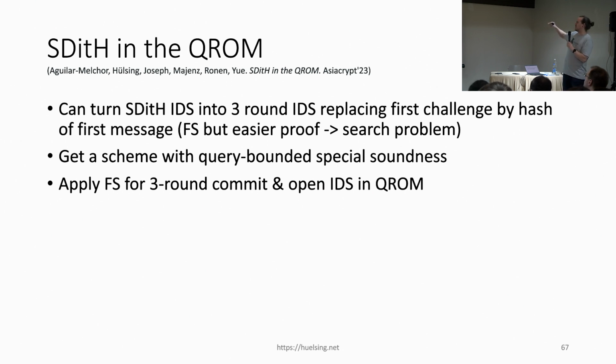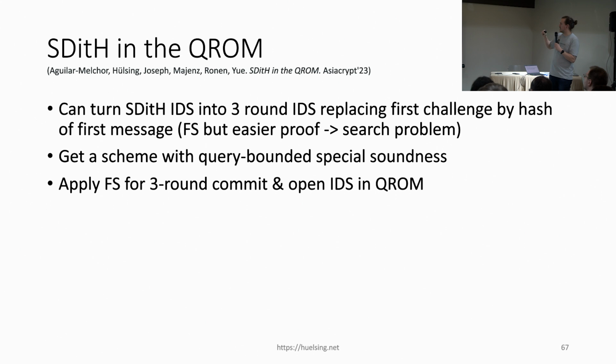Then you get some form of special soundness, which we call query-bounded special soundness, where you have to assume that your adversary doesn't have the complexity to search for a first message such that they can cheat the multiplication test. And then you can apply this result for 3-round committed open identification schemes in the QROM.